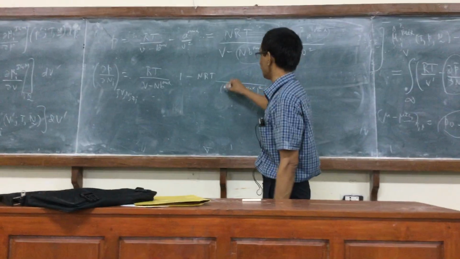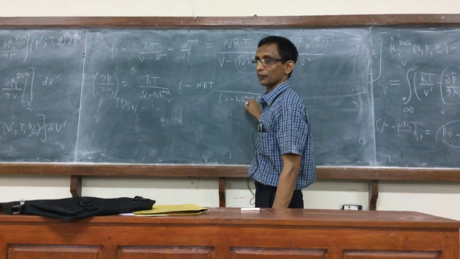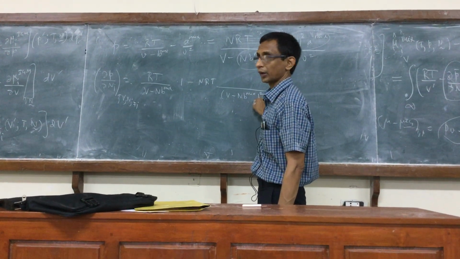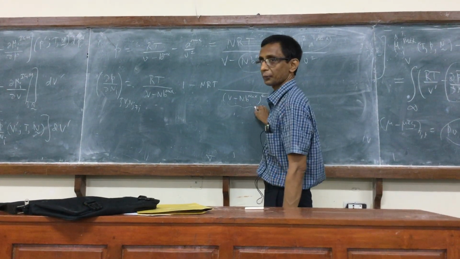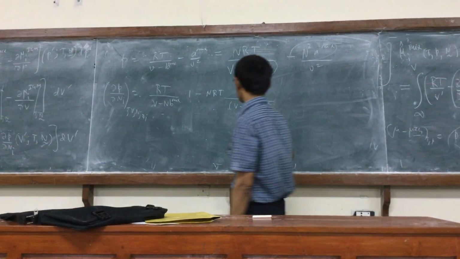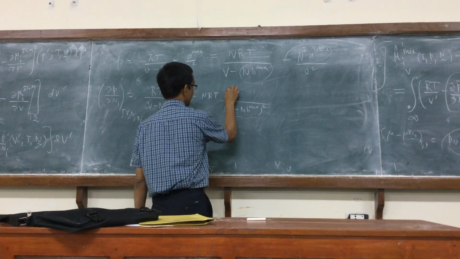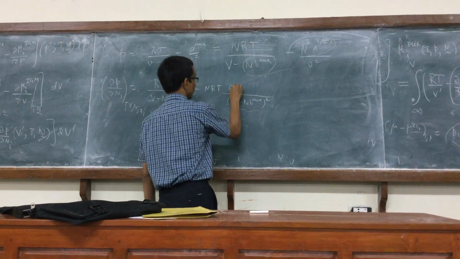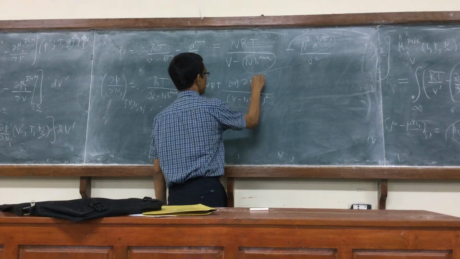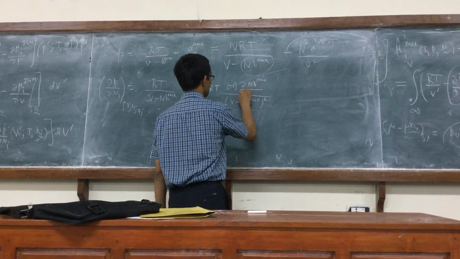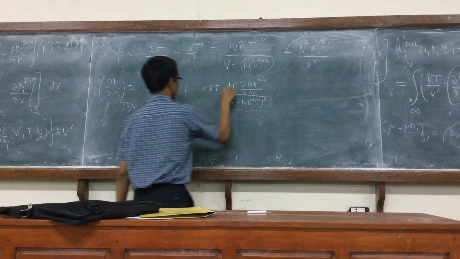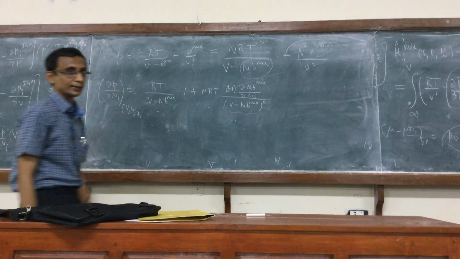So 1 over V minus N V mix I converted as minus 1 over V minus N V mix square. I will now differentiate this with respect to N_i. So that would be minus d N V mix by dN_i, so I can remove these minus signs.